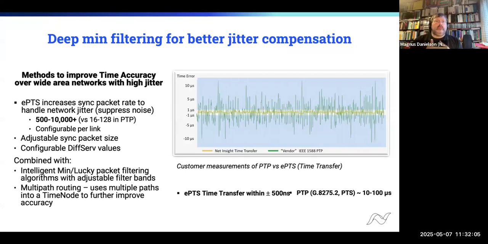What we have chosen to do, which I think is interesting: when you do PTP, for instance, you have the same exchange rate for these messages for all the links for the whole region area. We do it per link.